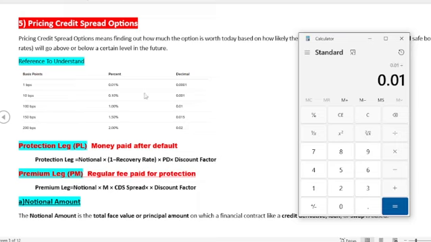Again, if you want to convert this percentage into a decimal, you have to divide by 100 again. So 0.01% or 1 bps, divided by 100, gives 0.0001.